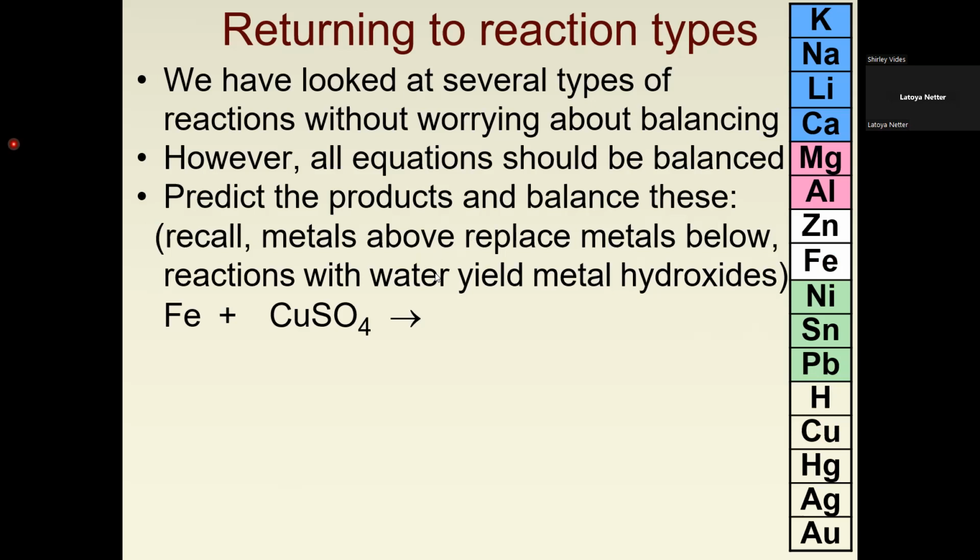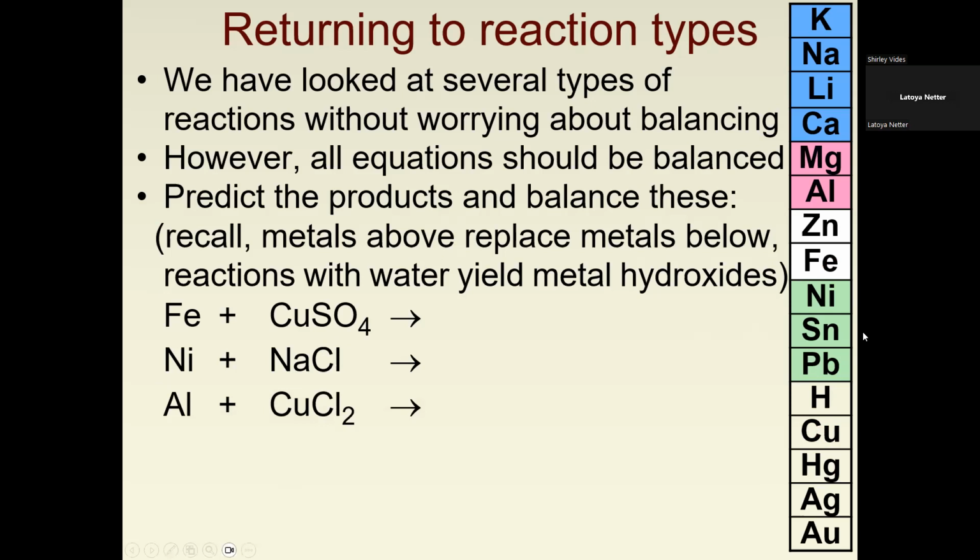Now look at nickel and sodium. Nickel down here, sodium way up here. Who's alone? Nickel. Nickel is not going to replace something that's higher, and it's already bonded. You see that? So this reaction will not happen.